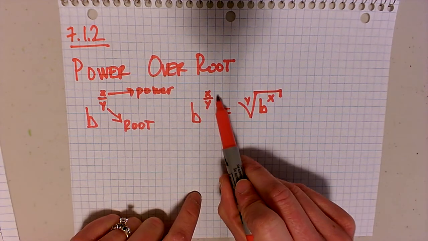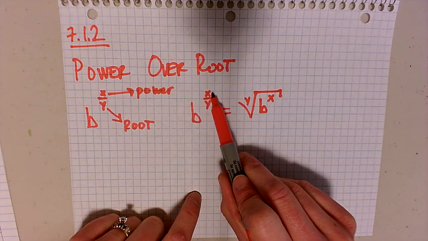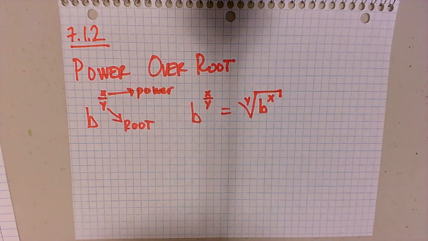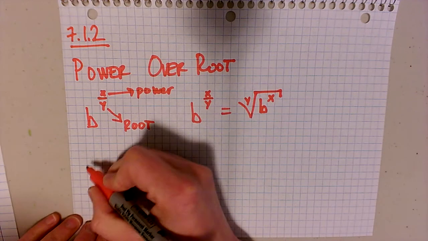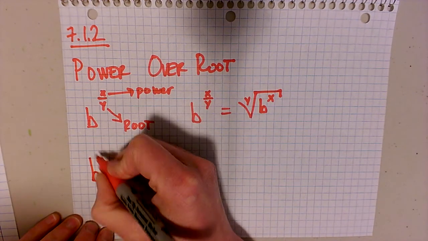The number in your numerator is your power inside the radical.